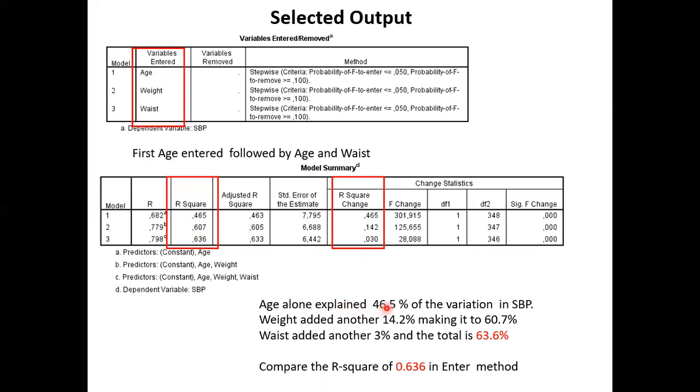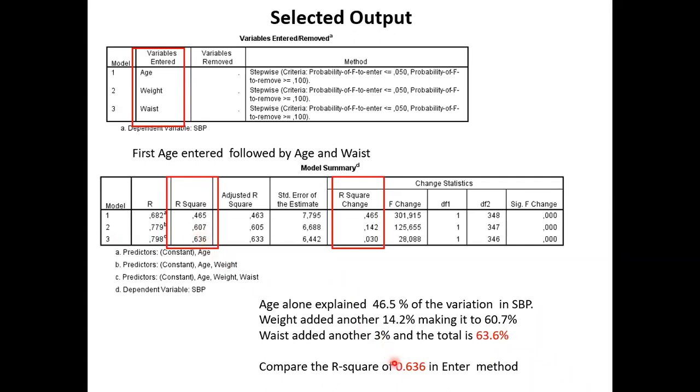Age alone, weight added, adds up to 60%. Waist added goes up to 63.6%. This means that age alone explains 46%. Age and weight explains 60%. Age, weight, and waist explain 63.6%.